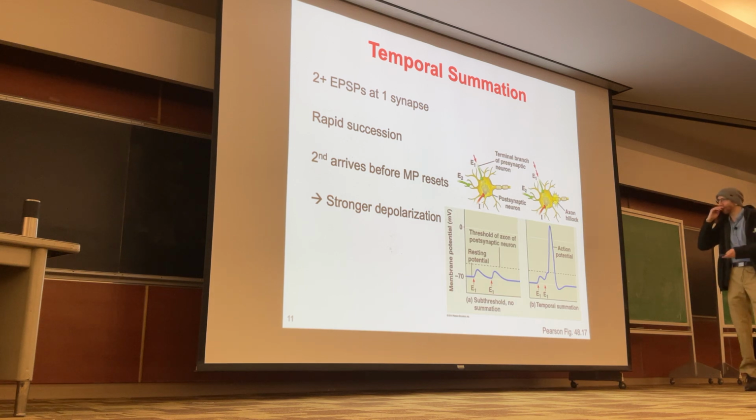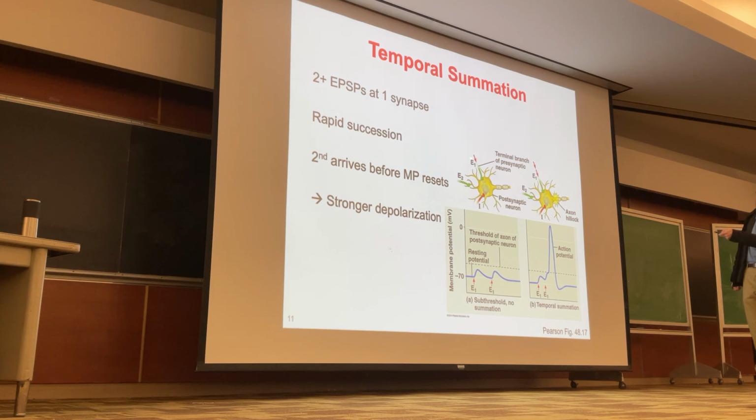So we're going to look at this graphically here. In this cell right here, this is our postsynaptic neuron, and it has a bunch of connections. E means excitatory, so we have two sites where excitatory signals can come in, and then I is inhibitory. Now we're only going to focus on E1 right now, just this one right here.